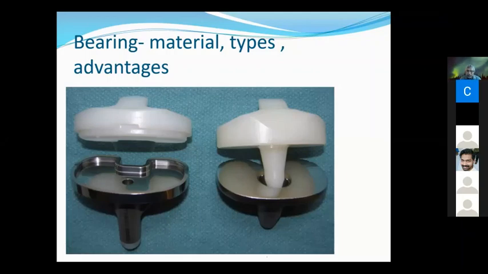Okay, so basically your insert can dislocate. So you're relying on your ligament laxity, and you can make a decision. If you feel the ligaments are very lax, you should not be using a mobile bearing. You can invariably dislocate your insert, or it can flip.